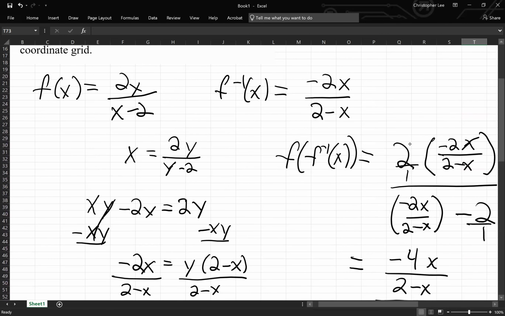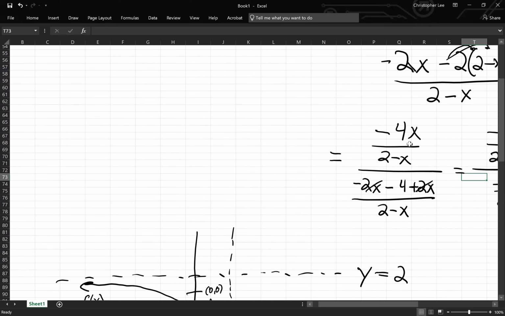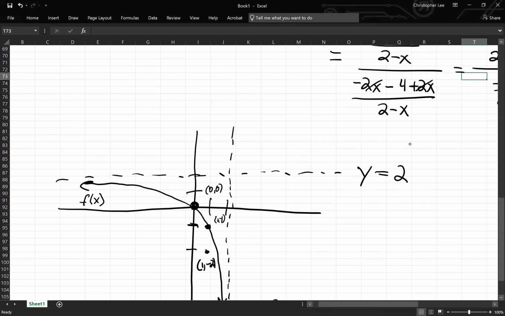If I plug in 3, let's see what happens. I get negative 6 over negative 1, positive 6. So at 3, I'm at positive 6. So somewhere up here, 3 comma 6.